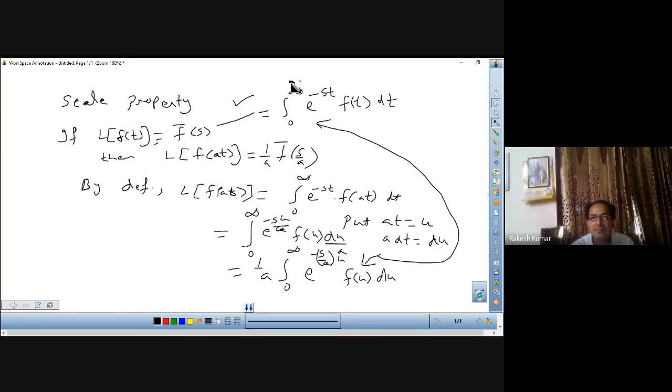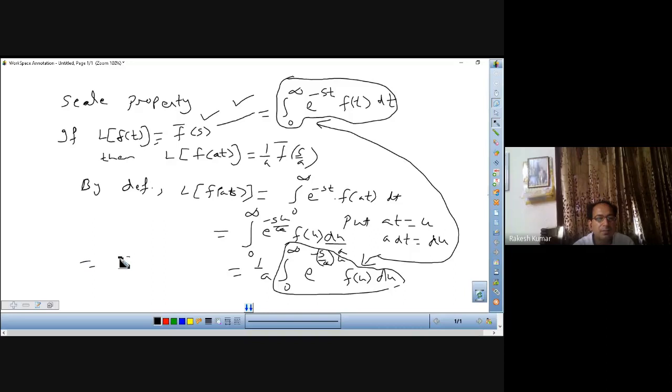It means if for this integral, which I am circling, the value is m bar s, then for this integral, on the same pattern, the value should be equal to 1 by a f bar s by a, by using the same logic, because the coefficient of u is s by a, and here the coefficient of t is s.